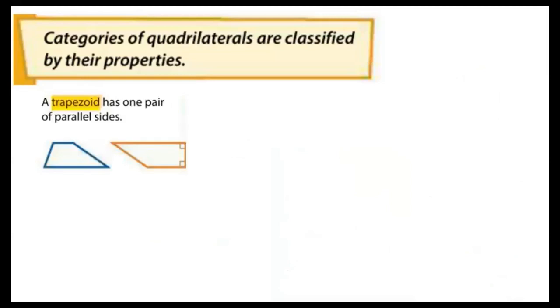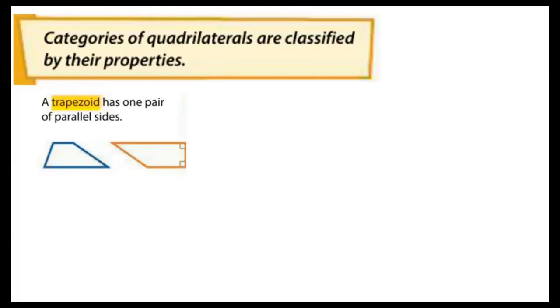The first shape in front of you is called a trapezoid, which has one pair of parallel sides. These are the properties of a trapezoid. You have to save and memorize that a trapezoid has just one pair of parallel sides.